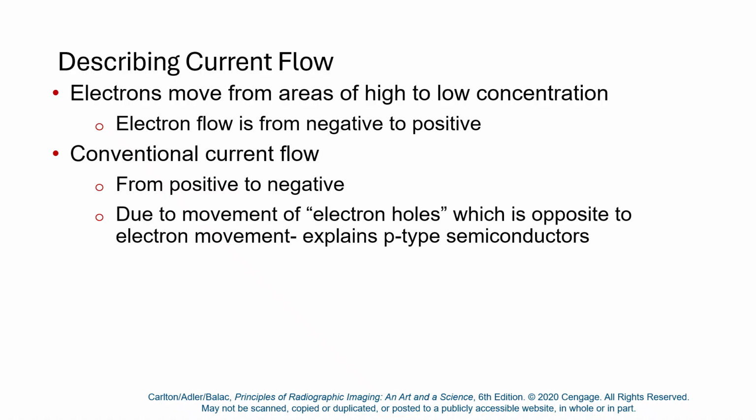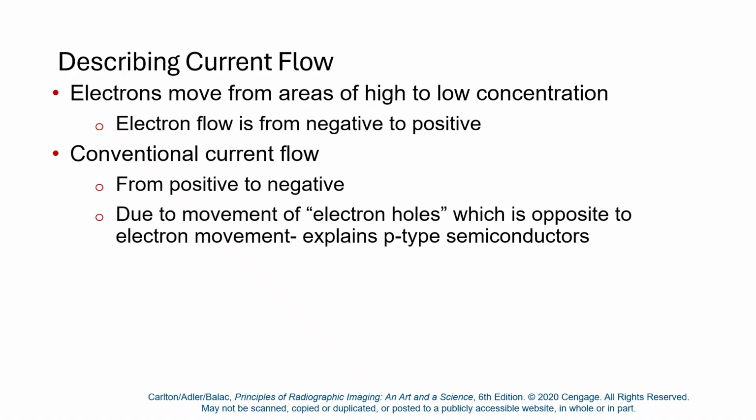Okay? Now, conventional current flow is thought of as the electron holes, that is, the valence vacancies, moving in the opposite direction of electron movement. That's how they try to rationalize Franklin's completely backward idea of positive charges flowing.